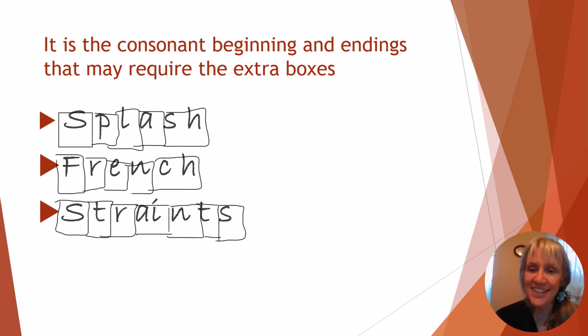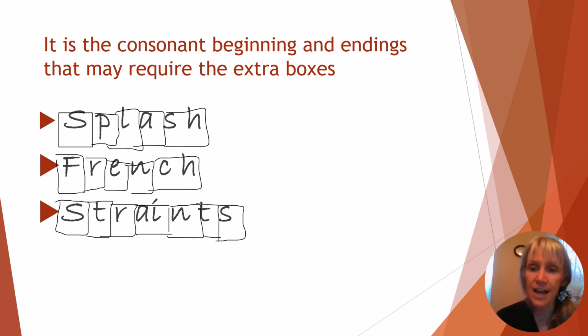Then we move on to the ending of our word part, which is again another triple consonant wall. Each of the consonants in this triple wall has its sound heard. We have the N sound represented by the letter N, it gets a box. We hear the T sound represented by the letter T, it gets a box.